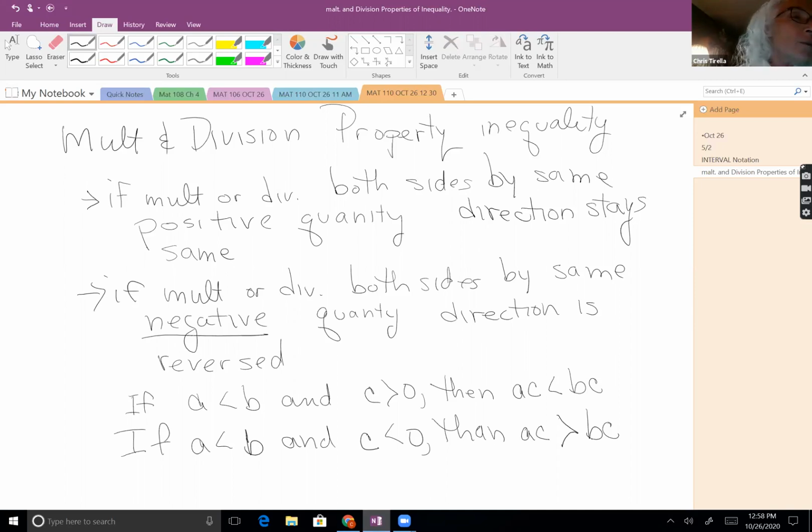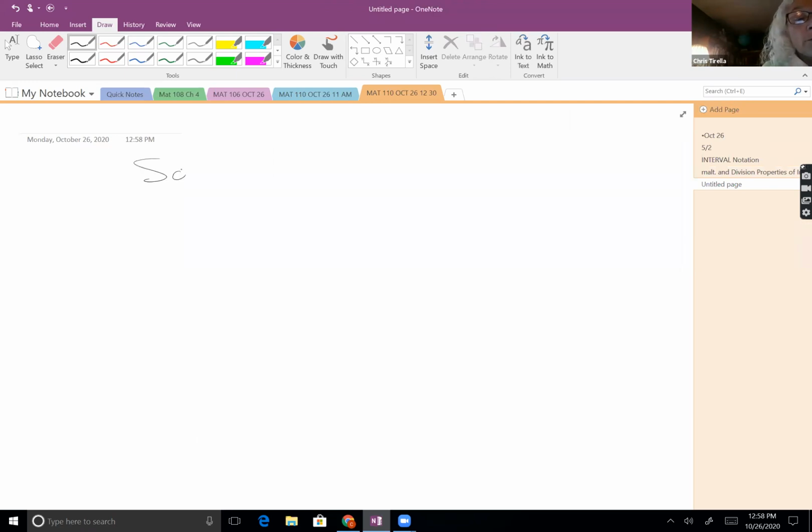But seeing it with numbers multiplying through by a negative, does it help make sense why we've got to reverse it? But those are the rules. So now let's look at some examples. Let's solve each, and let's write the solutions in interval notation.